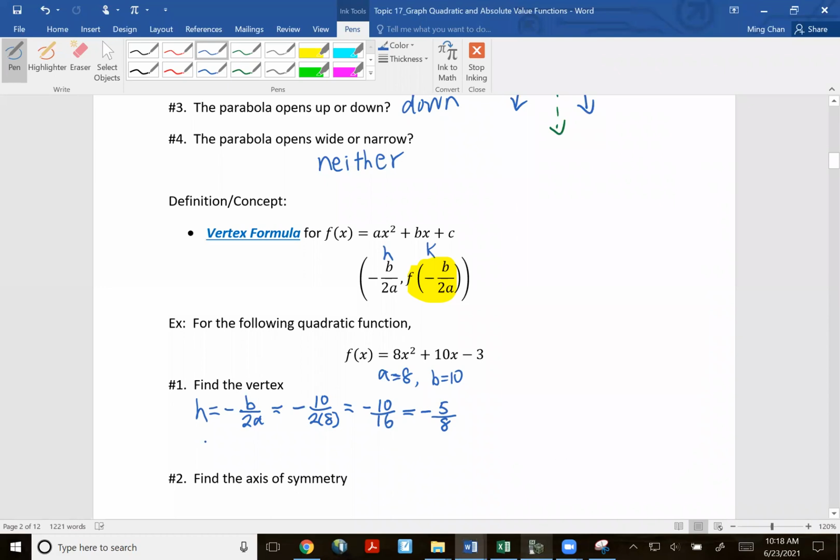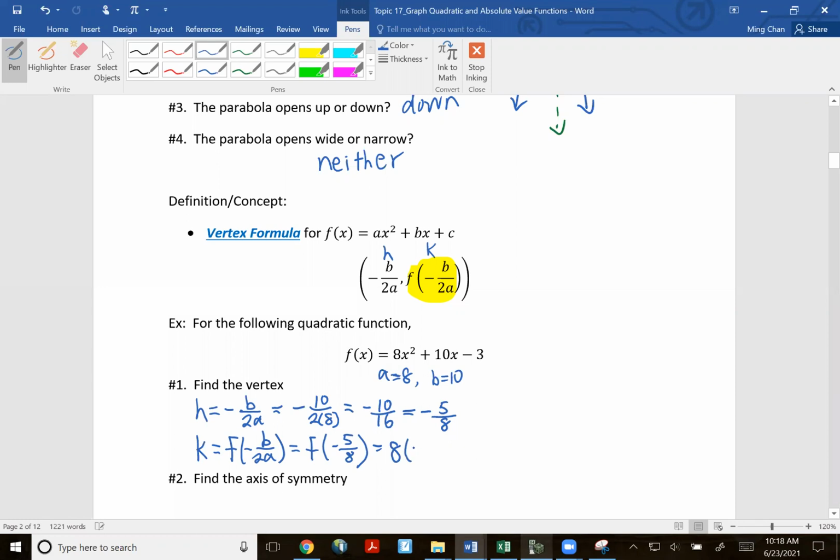But I'm going to use a calculator a different way to help me find k. k is actually f of negative b over 2a. That's what the formula says. And we just found negative b over 2a is negative 5 over 8. So I'm simply going to substitute negative 5 over 8 back into my function.